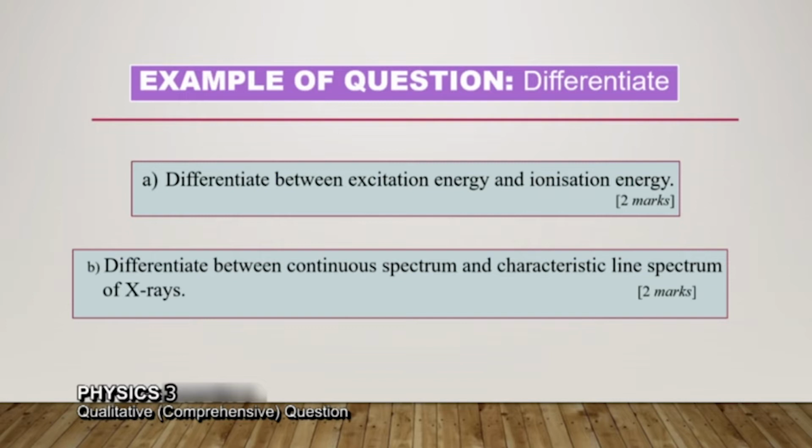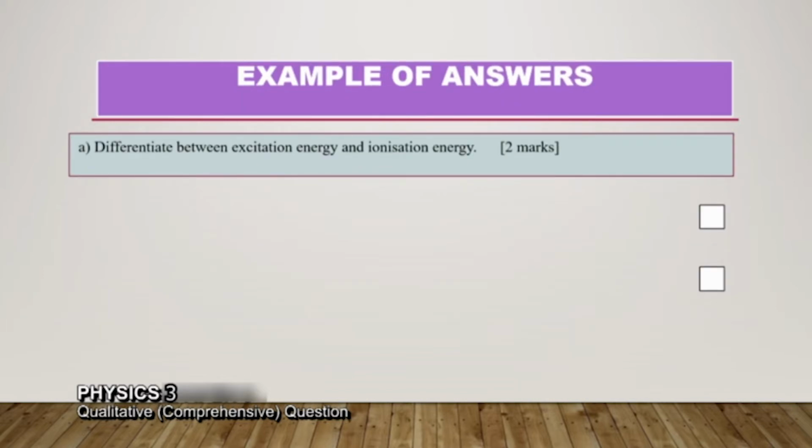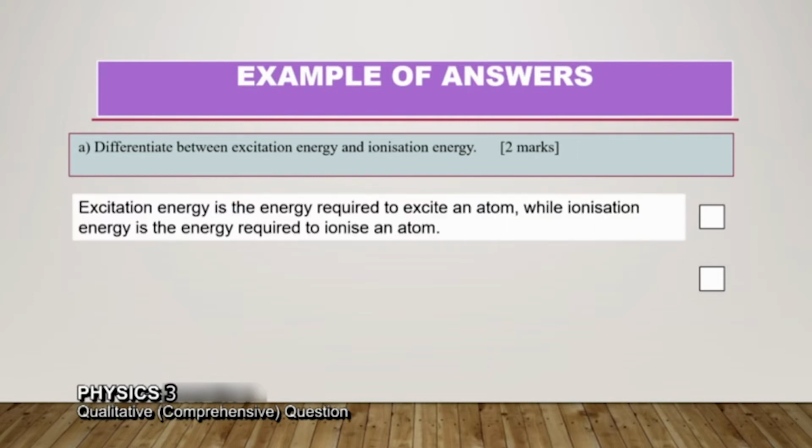Let's see examples of answers that could be written by the candidates. Let's look at the first question. Excitation energy is the energy required to excite an atom, while ionization energy is the energy required to ionize an atom.